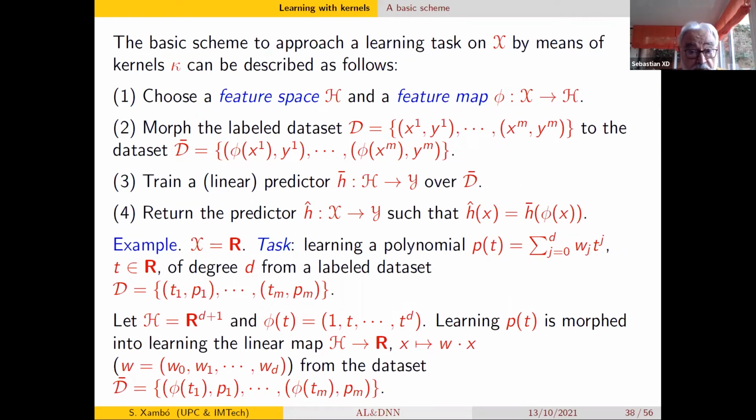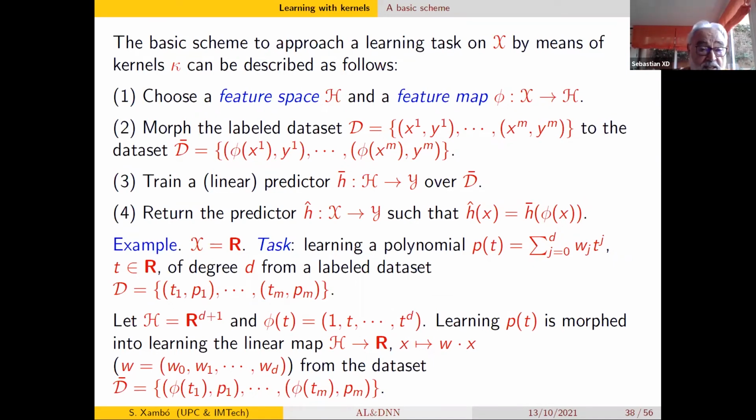This morphed data set, let me call it D bar: instead of x1, you take phi of x1, and so on, instead of xM, phi of xM. So this is a labeled data set in the feature space.